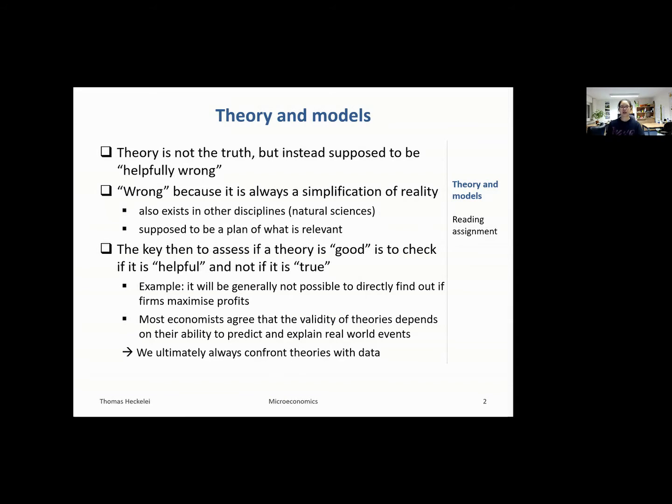And actually, the same thing applies for economic theories. For example, in general, it will be very hard or not possible at all to determine if a firm is maximizing its profit or not, simply because we don't know the production function of the firm, which is normally highly confidential. However, according to the theories, we know that if a firm is maximizing its profit, then when price increases, it will respond by increasing the production quantity, right?